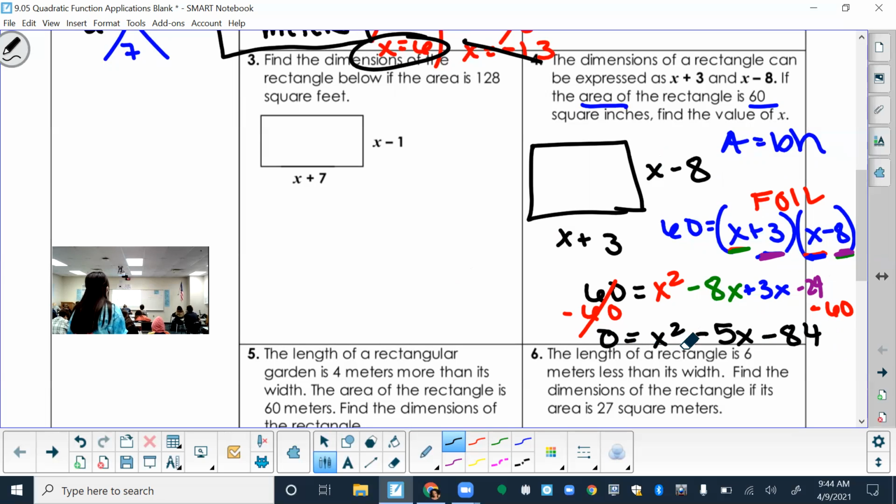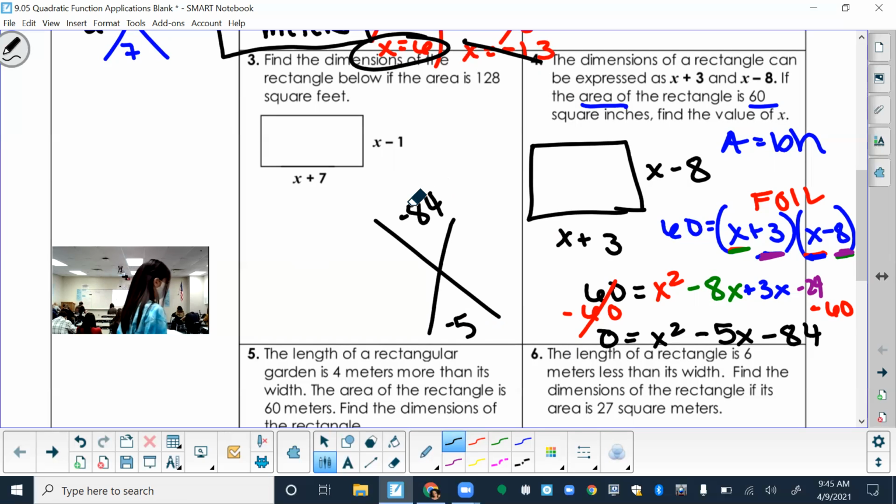All right, now I'm going to have you solve this. We can continue with factoring. We can set up our diamond with -84 on top and -5 on the bottom. What are two numbers that multiply to -84?